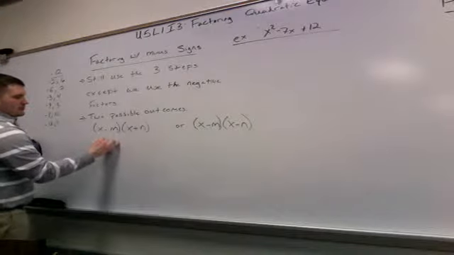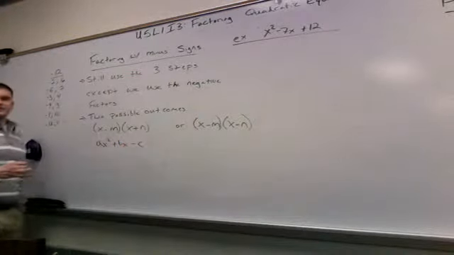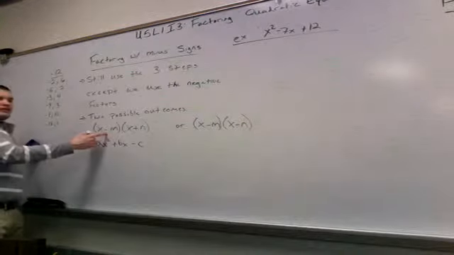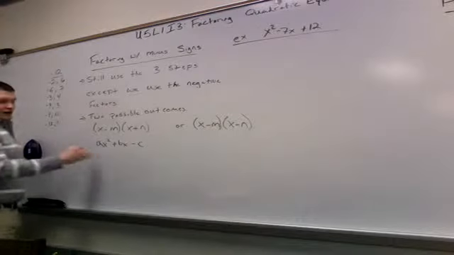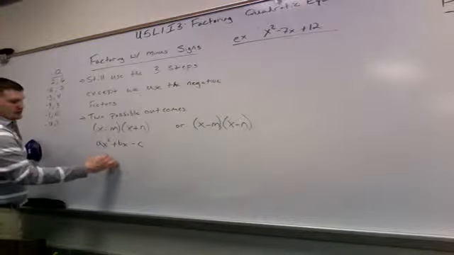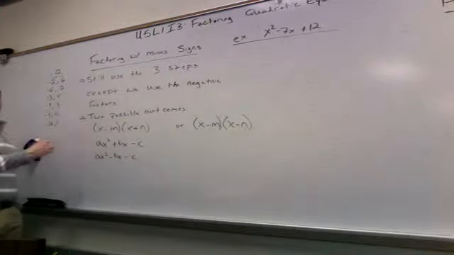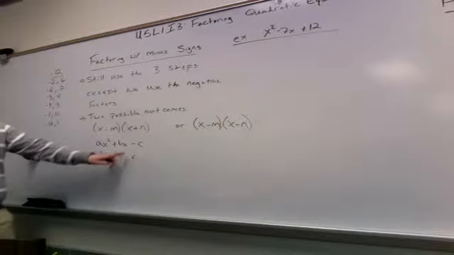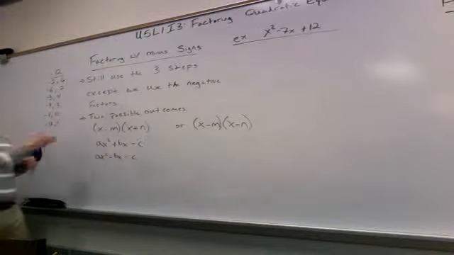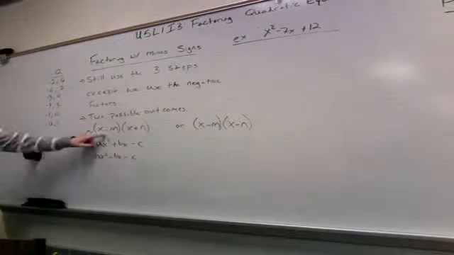So if I have something that looks like this, ax squared plus bx minus c, that means I have one negative factor, one positive factor. I could also have ax squared minus bx minus c. That also means I have one negative factor, one positive factor. The way I know is my c is negative. So both of these are possible expanded forms of this.